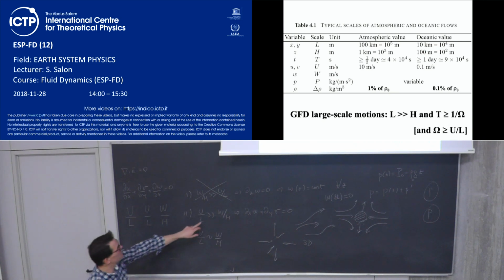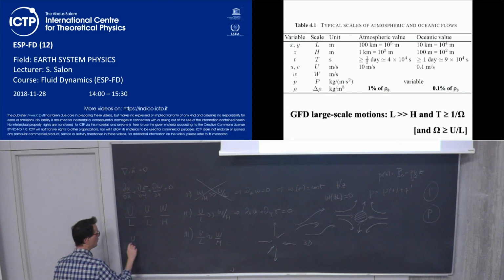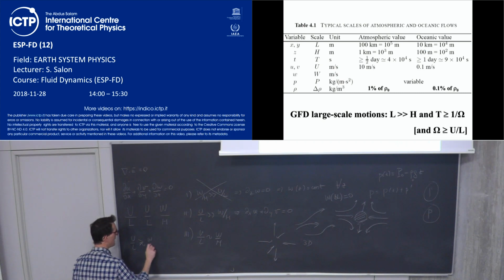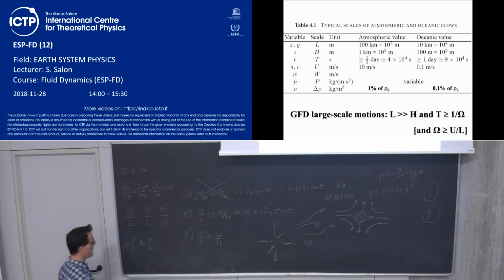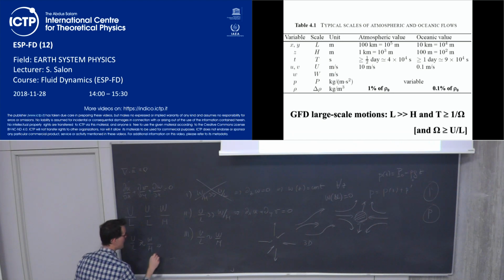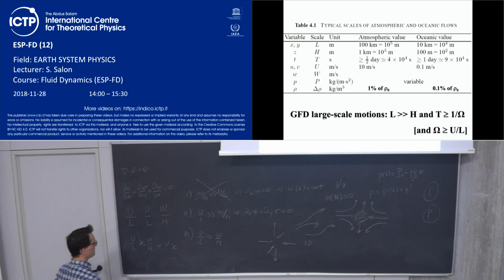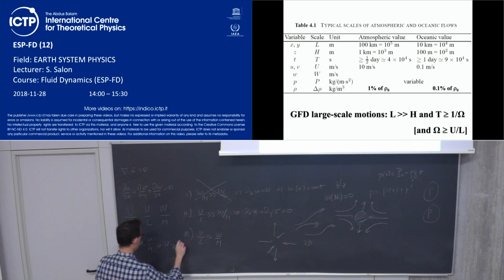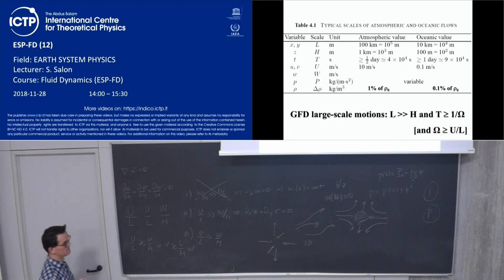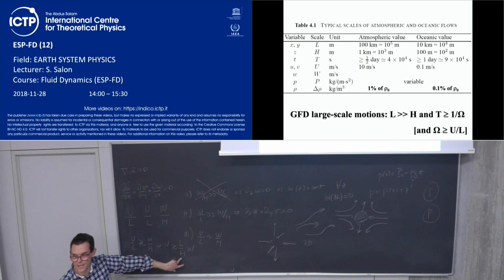So at the end, what we obtain is that U over L is larger or of the same order of W over H, which means that U is larger or of the same order of L over H multiplied by W. But how much is L over H?